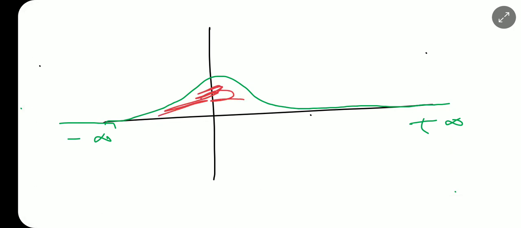This whole curve is from minus infinity to infinity.